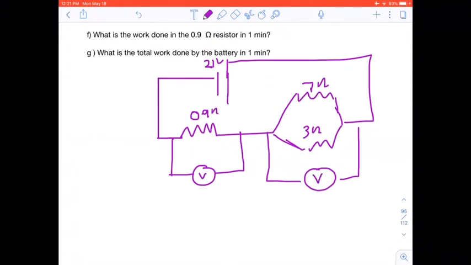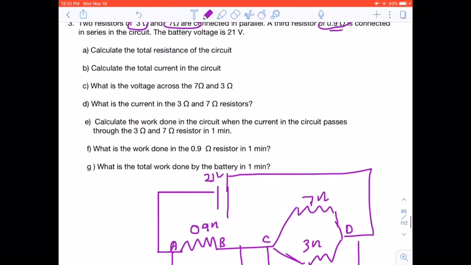Let's call it AB, and let's call this CD. So this would essentially be voltage across AB and voltage across CD.